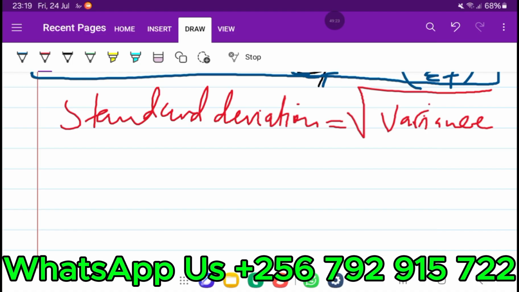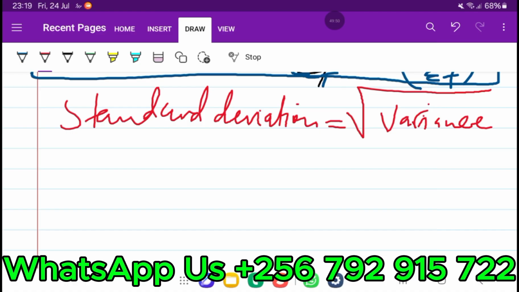If the examiner has given you the standard deviation and wants the variance, you just square the standard deviation to get the variance.